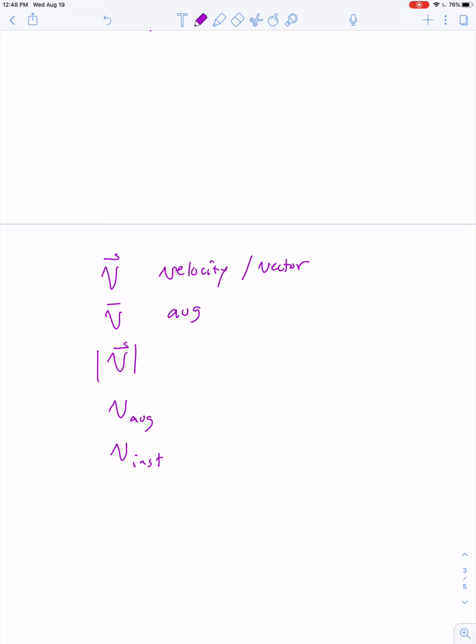This is a way of saying average velocity. This is a way of saying speed. So we're only interested in the magnitude. And then, of course, this is average velocity. And this is instantaneous velocity.